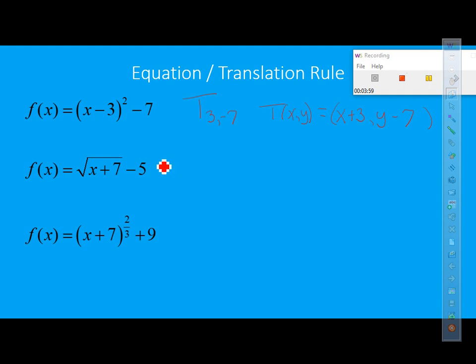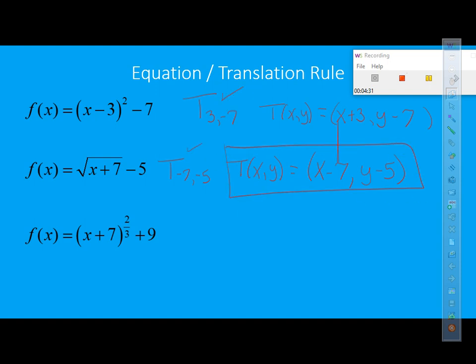My second one here, this graph has been translated 7 units to the left and down 5. When I write the rule for it, it means that every x value will be decreased by 7. Every y value will be decreased by 5. This is what our rule will look like.